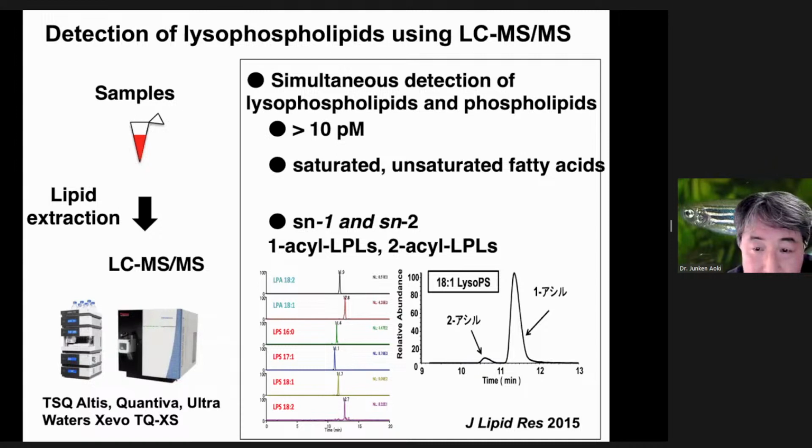The first, LC-MS, is very simple, and using this method we can measure lysophospholipid in only 0.1 microliter of sample. The detection level is very high, and 10 picomolar level can be detected. As you can see here, we can separate SN1 and SN2 lyso. Also, we can of course distinguish the various acyl chain-containing lysophospholipids using this method.